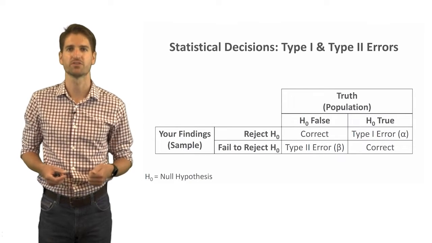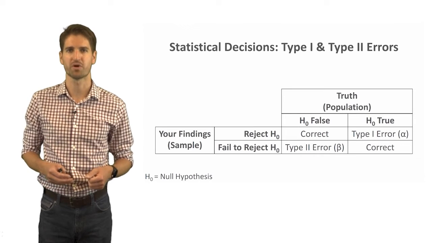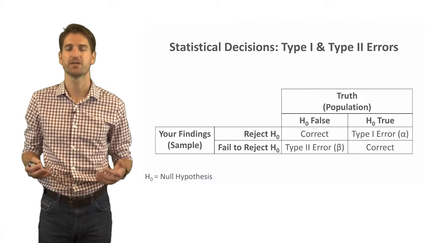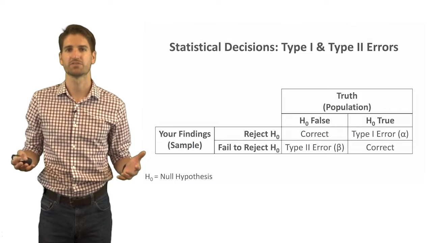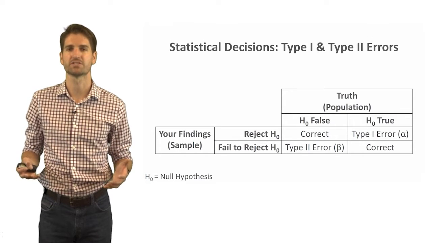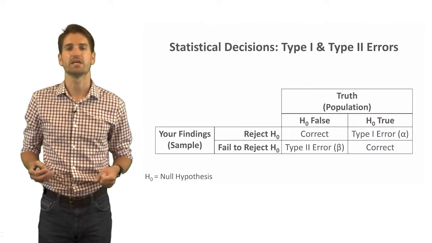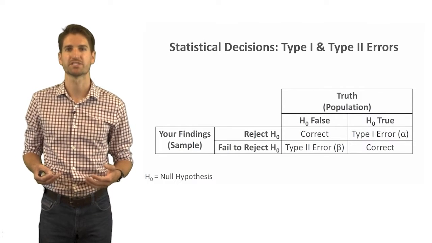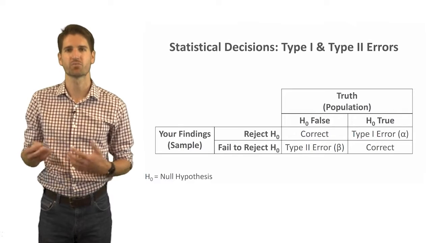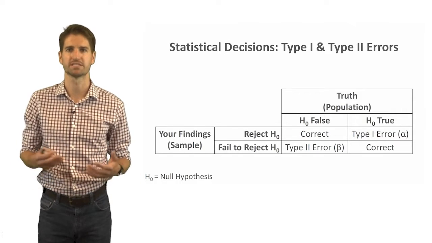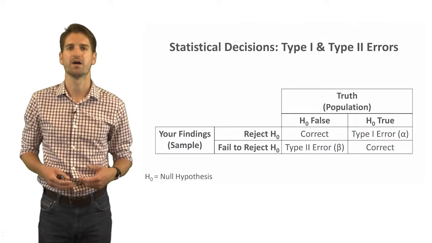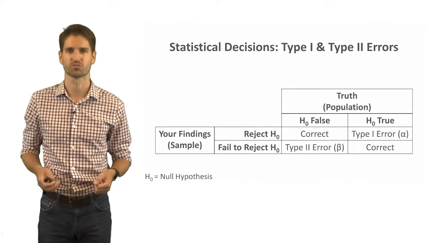And the first is that you would fail to reject the null hypothesis. And so what this means is that you would conclude that actually there doesn't seem to be any evidence that there's a difference or association present based on what you found in your sample. If you reject the null hypothesis, this would mean that you're concluding that there is some kind of difference or association in the sample that you believe to be underlying in the population as well.